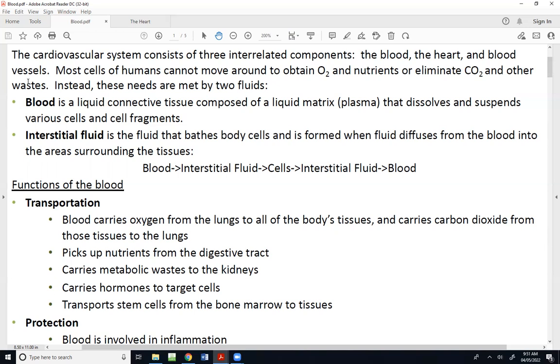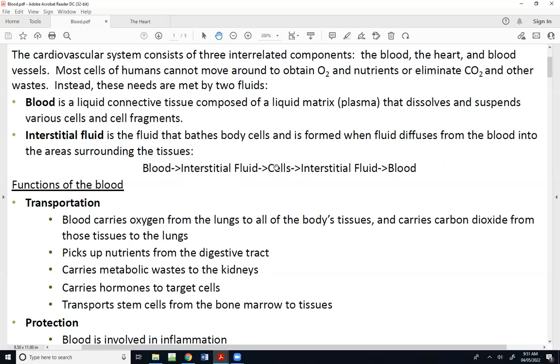Interstitial fluid is fluid that bathes our body cells and therefore is what surrounds them. It's formed when fluid diffuses from our blood into the areas surrounding our tissue. So in other words, the fluid and some of the other stuff within the blood leaves the blood vessels, coming into the interstitial space where it becomes interstitial fluid.